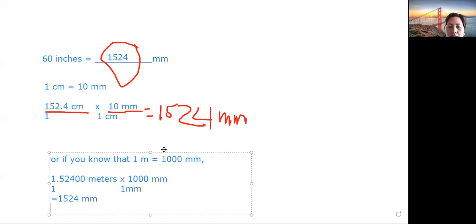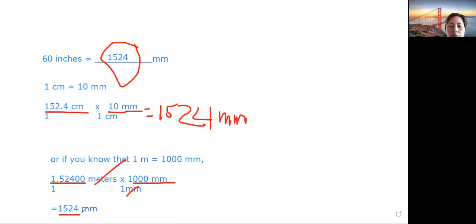So simply 1.524 meters times 1,000 millimeter, because that is the equivalent. So cancel meters for us to be able to get millimeters. So that's why we have 1,524 millimeters. Just the same with the long method and the short method.